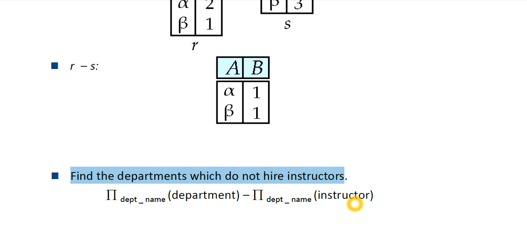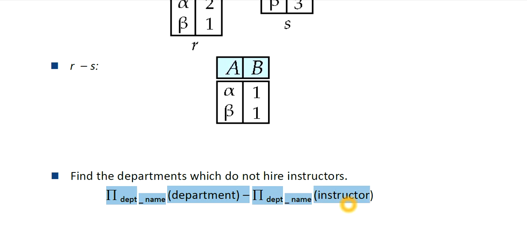My question for today's lecture is how this expression in relational algebra will find the departments which do not hire instructors. Please focus on it and try to solve it. It's okay if you can't solve it, because I'll always be there to help you through some doubt clearing session, but at least try. For the moment, take a screenshot and try to analyze.